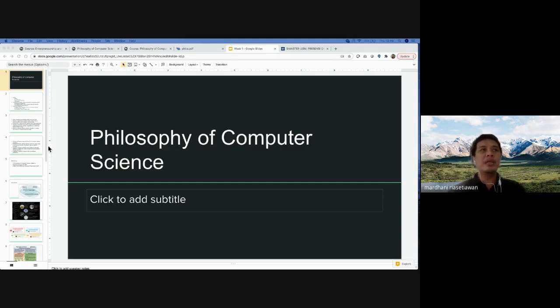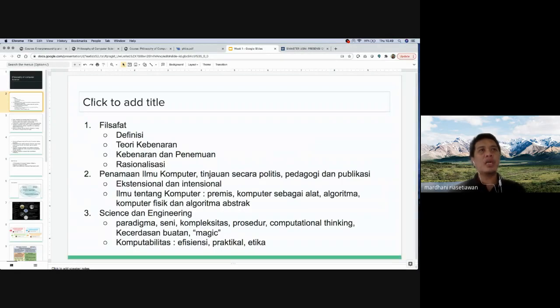Okay, and then secondly, I will first explain our journey, the topics that we want to discuss. The first is about philosophy itself. What is the definition and the theory of truth? Why is it very important? Because philosophy is used for presenting the truth.